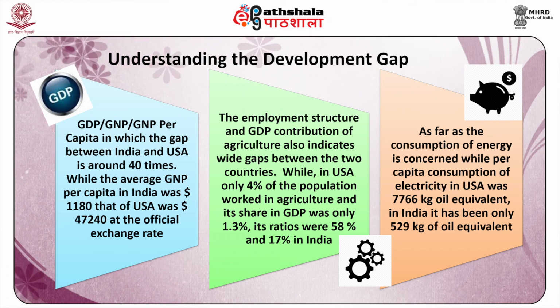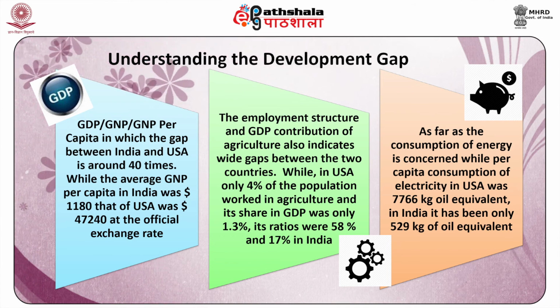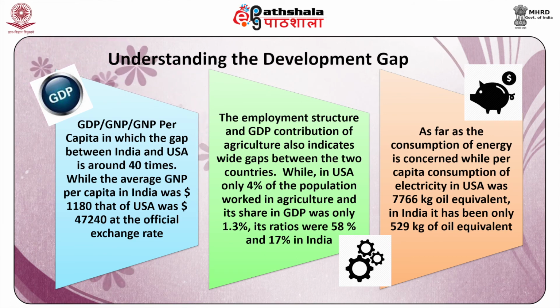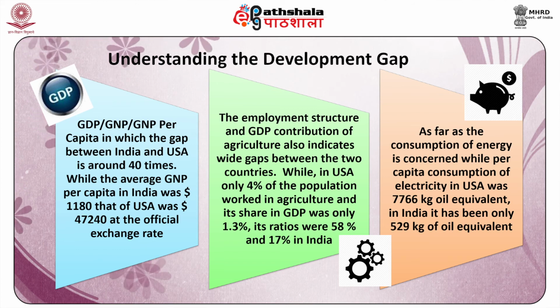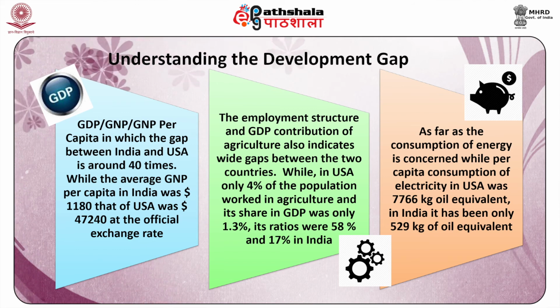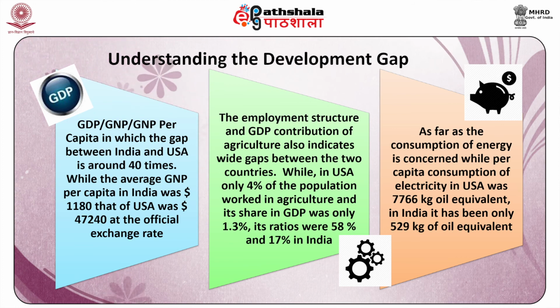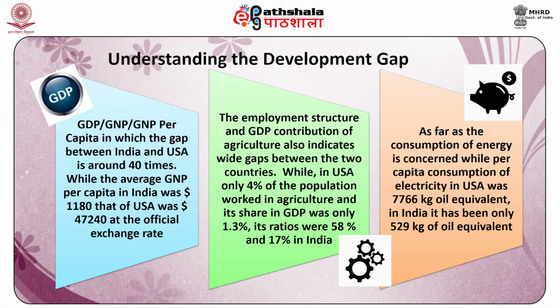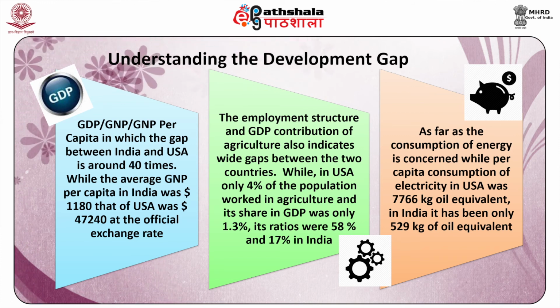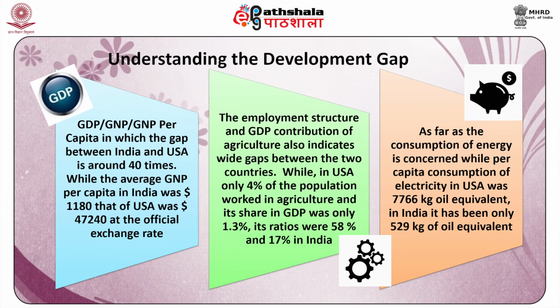B. The employment structure and GDP contribution of agriculture also indicate the wide gaps between the two countries. While in USA only 4% of the population worked in agriculture and its share in GDP was only 1.3%, the ratios were 58% and 17% in India.